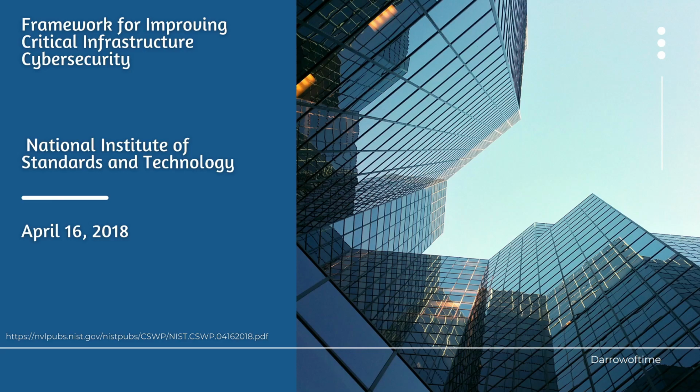Recognizing the role that the protection of privacy and civil liberties plays in creating greater public trust, the framework includes a methodology to protect individual privacy and civil liberties. When critical infrastructure organizations conduct cybersecurity activities, many organizations already have processes for addressing privacy and civil liberties.